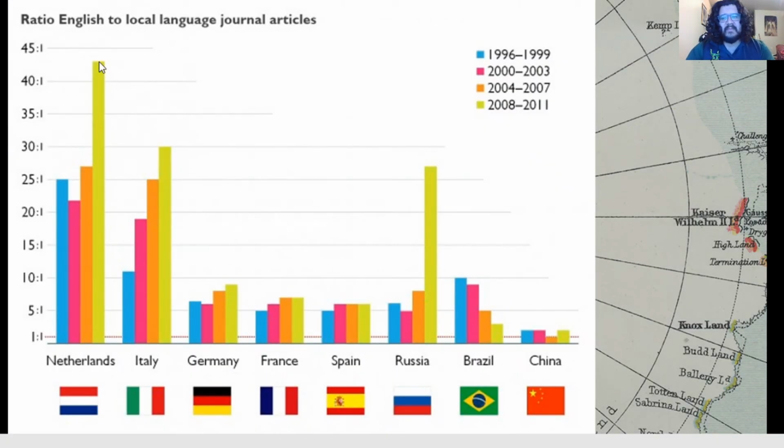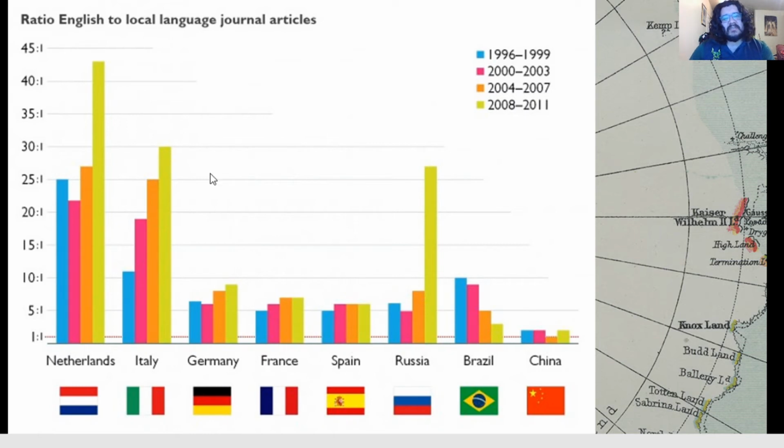So for every single journal article published in Dutch in the Netherlands as of 2011, we had about 43 articles published in English, even though Dutch is the indigenous local language. For Italy, about 30 to 1, despite Italian being the local language. Germany, about 9 to 1. In Russia, 26 or 27 to 1.